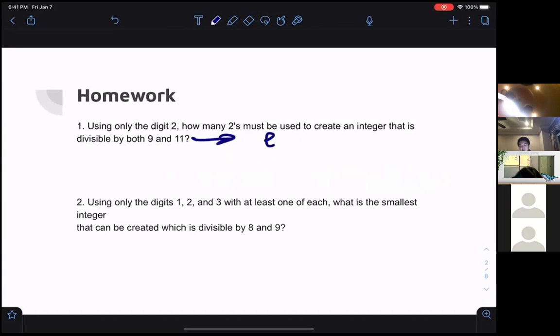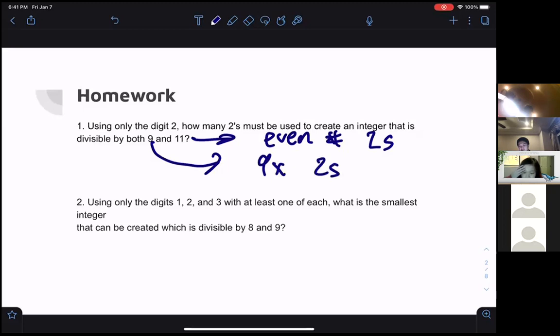We just need an even number of 2's. For 9, 2 is relatively prime to 9, so we're going to need some multiple of 9 2's, and to satisfy both simultaneously, the smallest one is 18 2's.